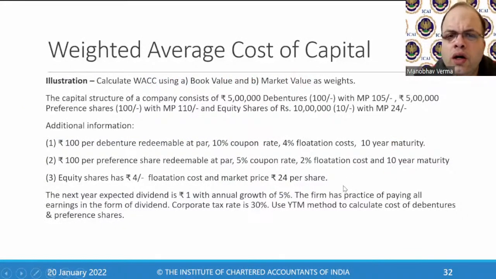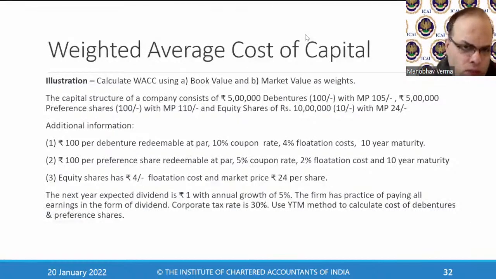Let's try to solve it quickly now. This one, this illustration could help us. They've given us various aspects: WACC using the book value and market value as weights. And they're giving us some capital structure. We have debentures, very good. We have preference shares, preference shares market price, equity shares with market price. There's some additional information also.